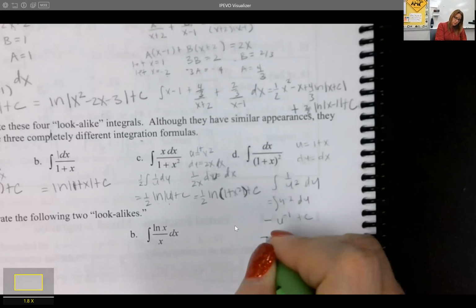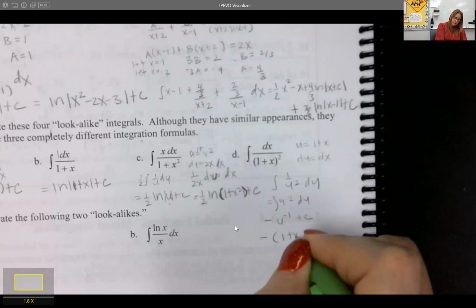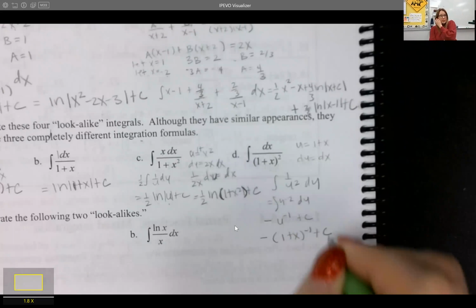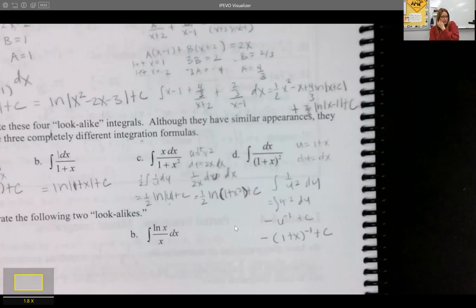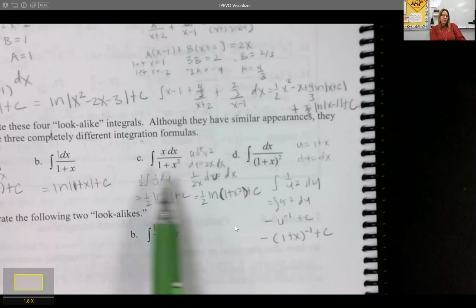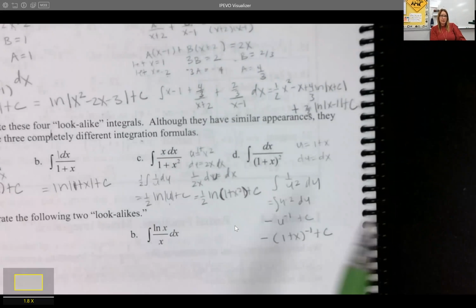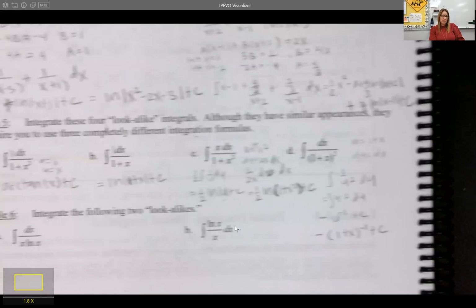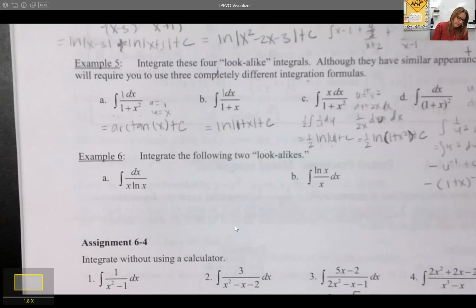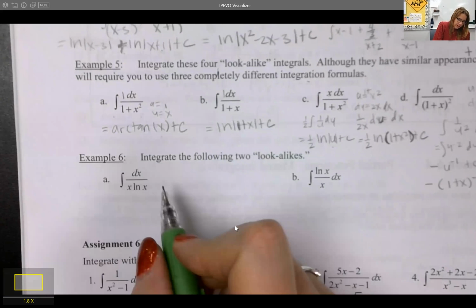So negative (1 plus x) to the negative 1 plus c, which is the same as negative 1 over 1 plus x. So those are our 4 lookalikes. So see how similar they look and how different their answers are. So you have to be really careful when you take the integral that you're not leaving a u or a hook on behind. Okay? Integrate the following 2 lookalikes.